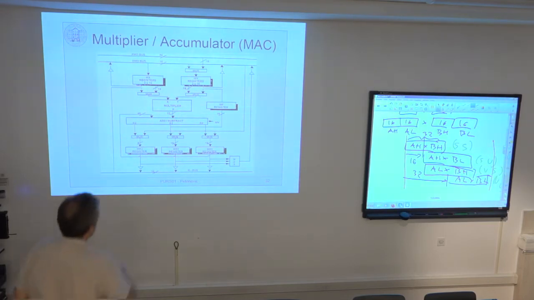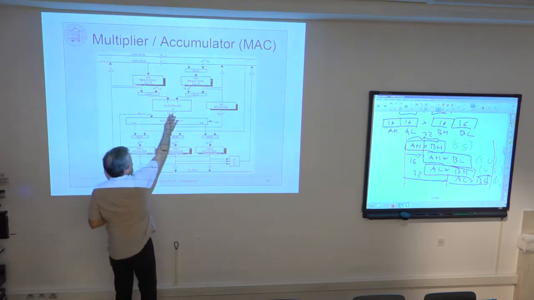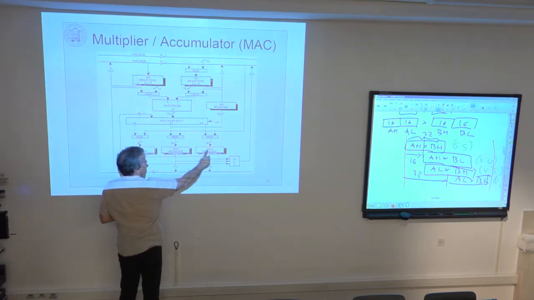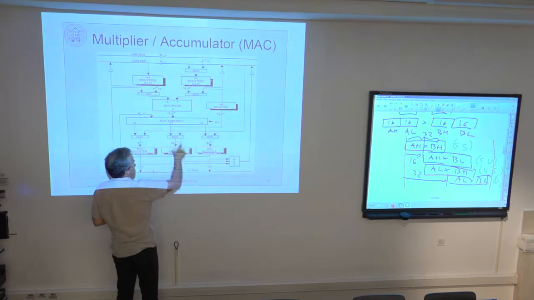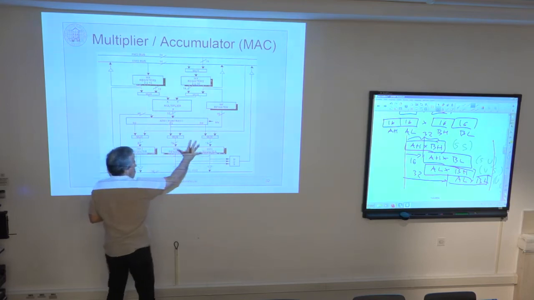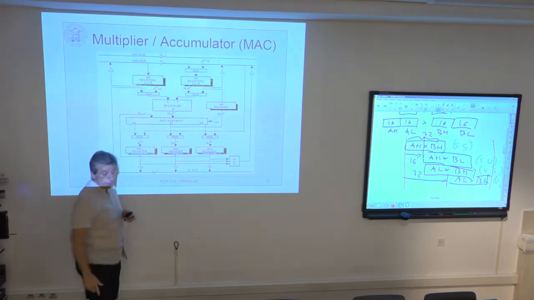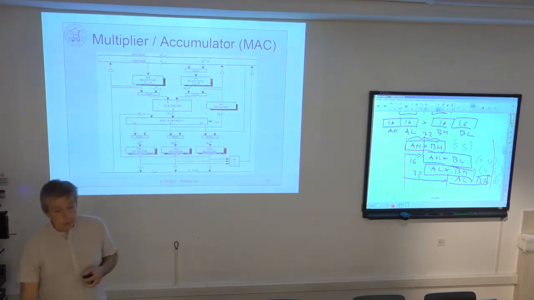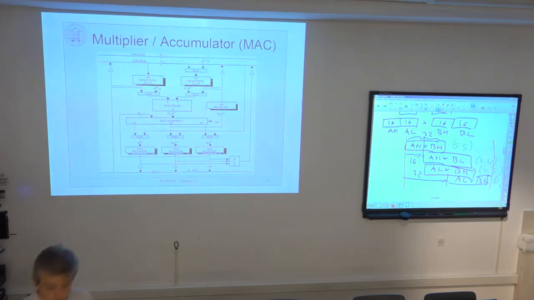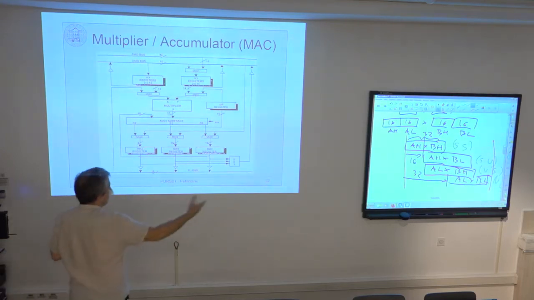When aligning, these 32 bits are aligned with these two registers, MR0, MR1. But this MR also has an additional register, MR2, which is 8 bits wide. Why? Because if I accumulate several products, then I must be able to somehow store this overflow. Because if I multiply 1 times 1, the result is 1.